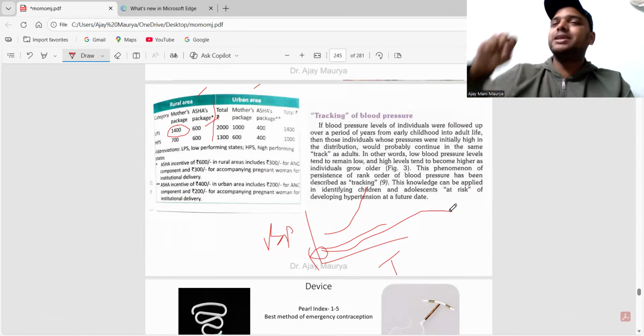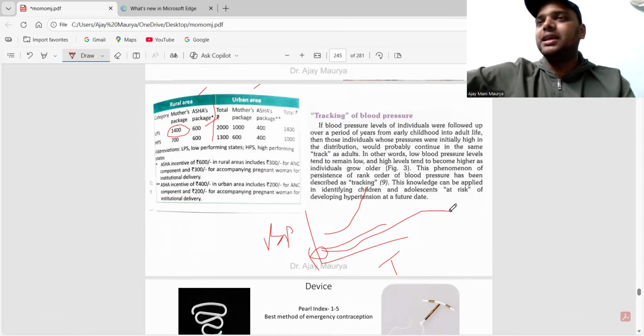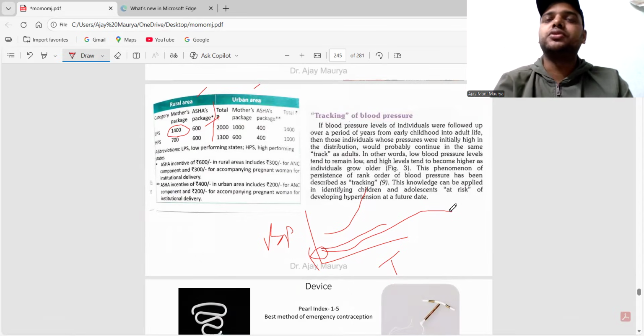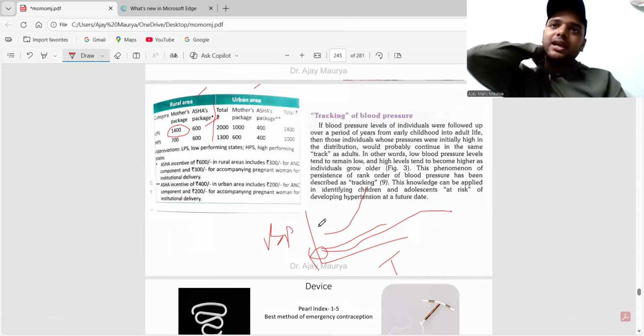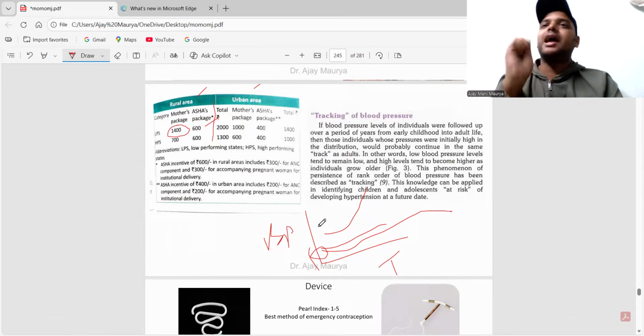It will continue to be the same as the age grows. For example, if your BP is 120 or 130, it will continue increasing. It will be high only as you grow.